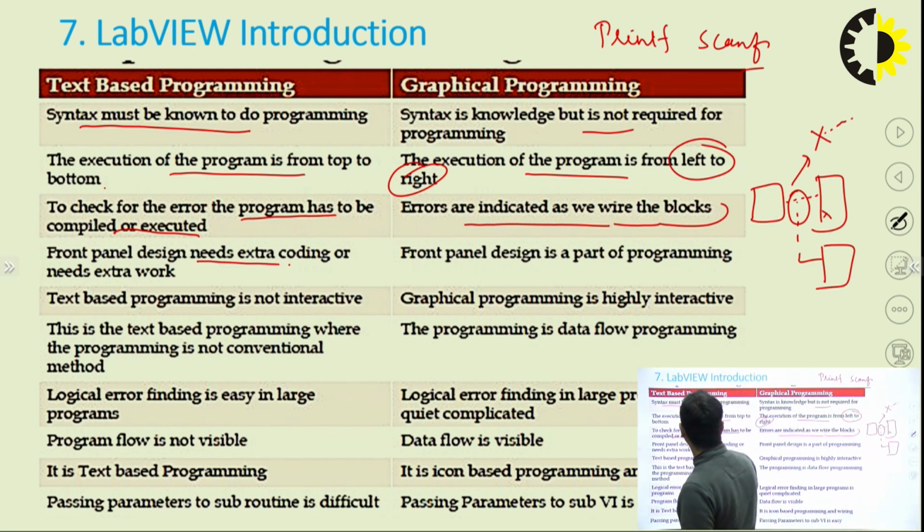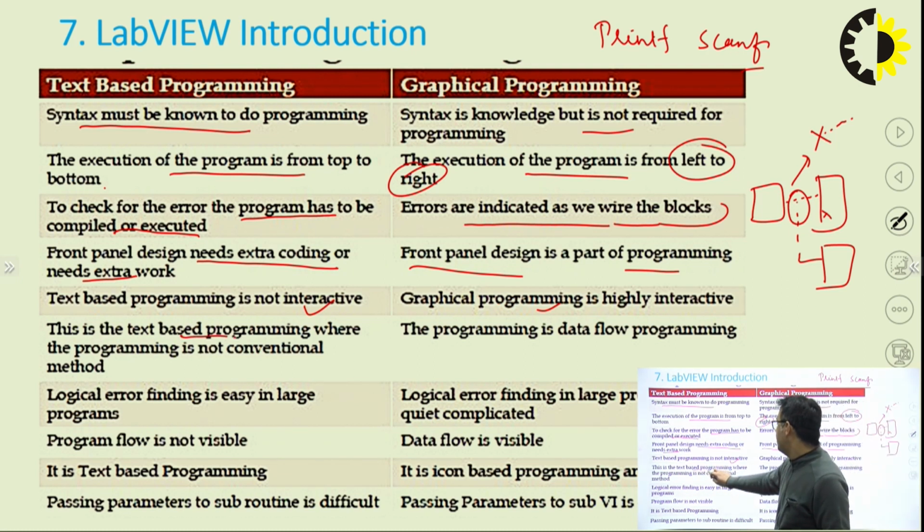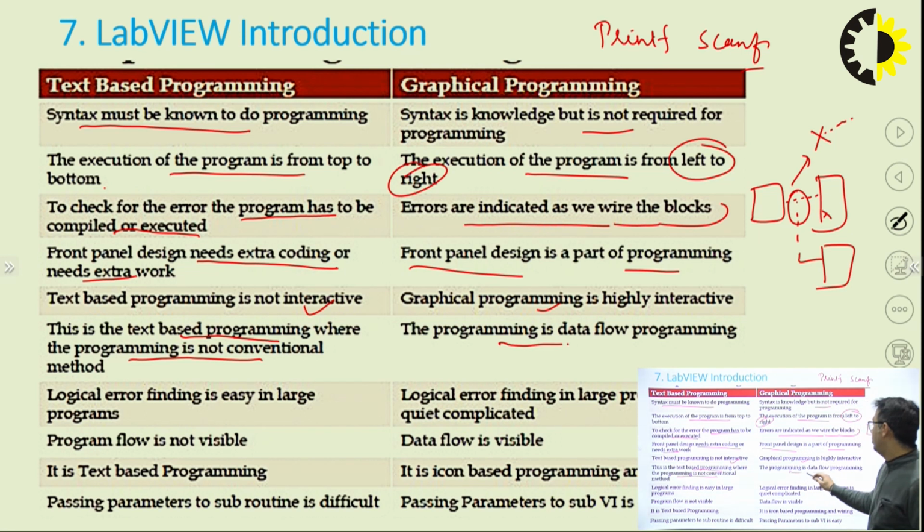In text-based programming, front panel design needs extra coding or extra work, but here the front panel is part of the programming. No separate programming is required for front panel design. Text based programming is not interactive, rather this is highly interactive and intuitive as well, because in graphical programming we can change color and shape as well. Text based programming is the conventional method, whereas here programming is based upon data flow.